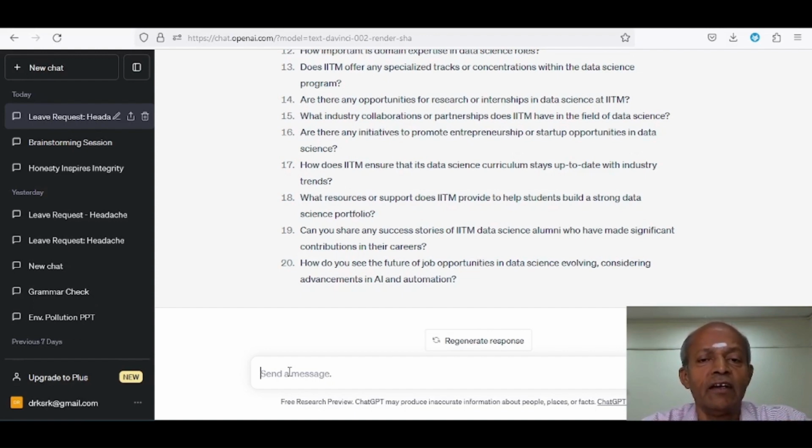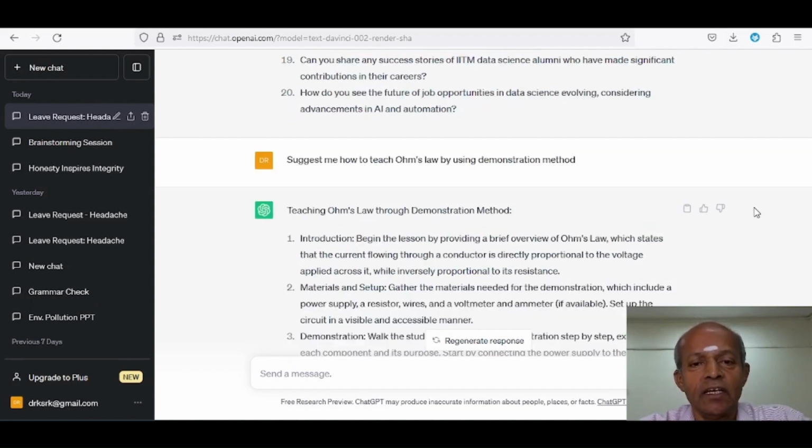Now we can ask ChatGPT how to teach it. For example, suppose I am a physics teacher. I want to teach Ohm's law. Now I am asking ChatGPT, suggest me how to teach Ohm's law using the demonstration method.